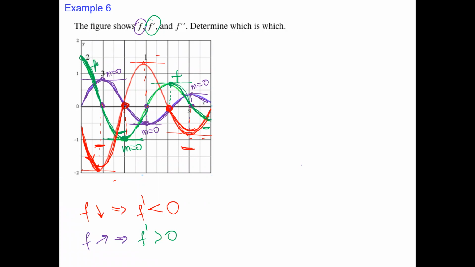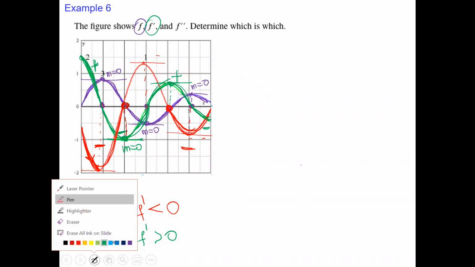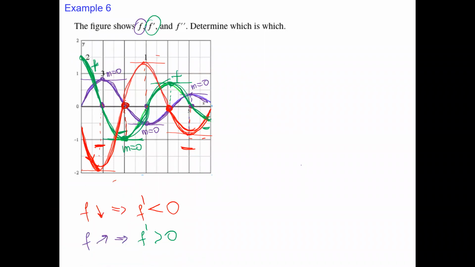And the green function is increasing here, and the red function is above. We didn't use all of the tools, but just increasing, decreasing, and horizontal tangents and corresponding zeros for the derivative. It means, yes, that's the good order.